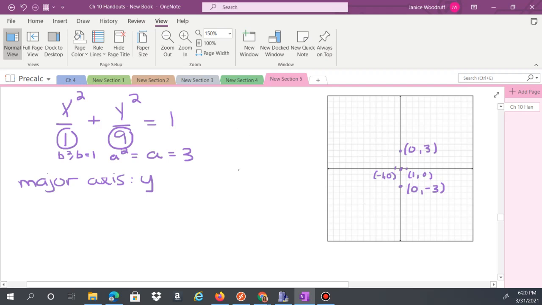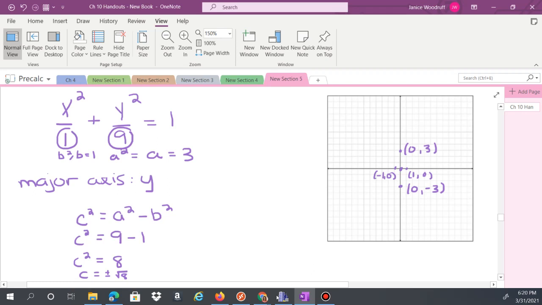Okay, and then the foci, c squared equals a squared minus b squared. So a squared would be 9, b squared would be 1. So c squared is going to be 8, which means c is going to be the square root of 8. Okay, so it's vertical.